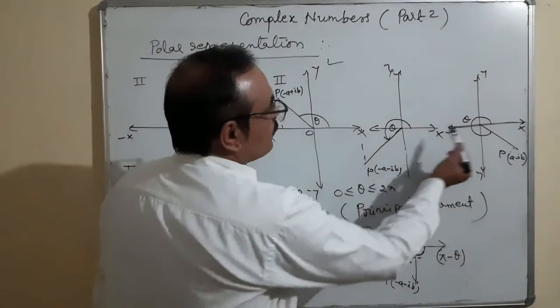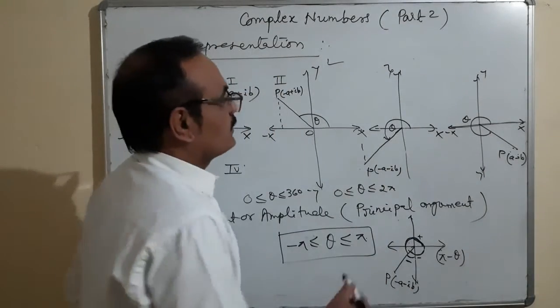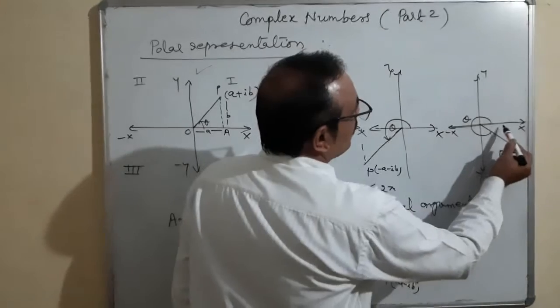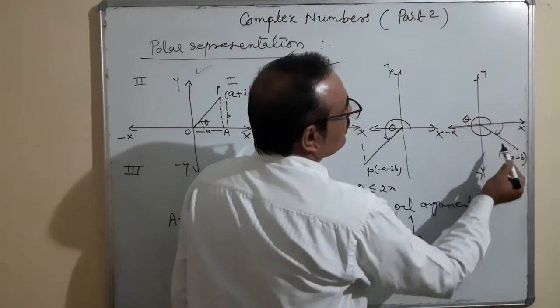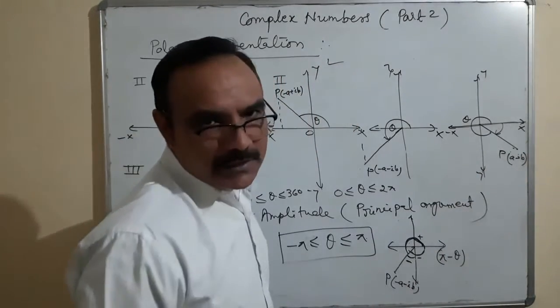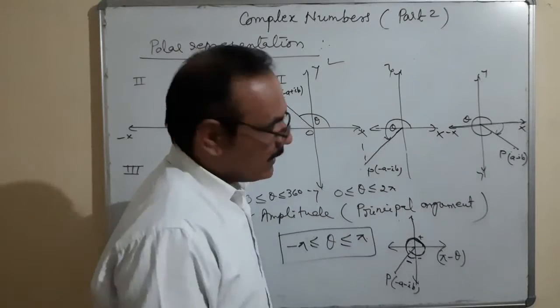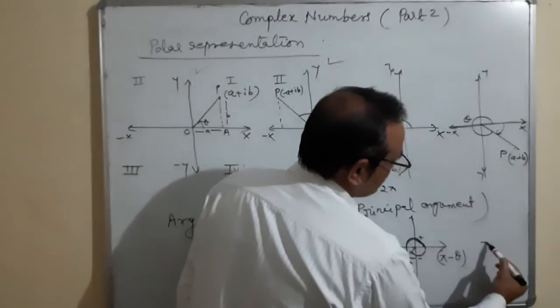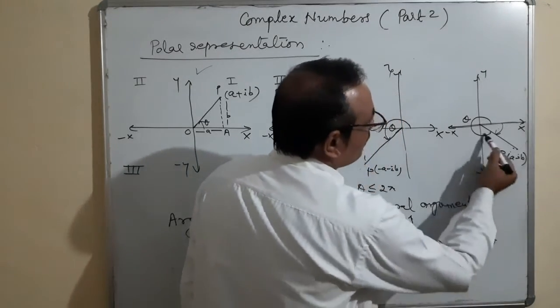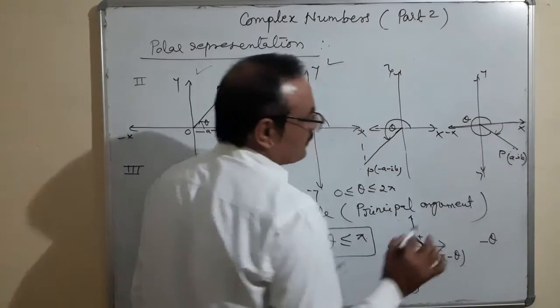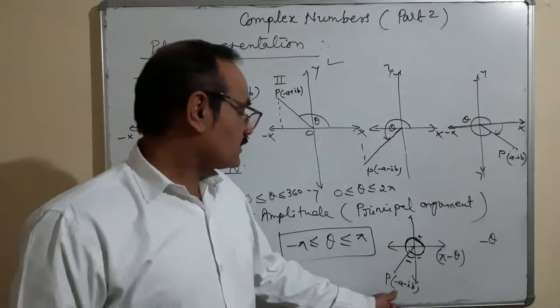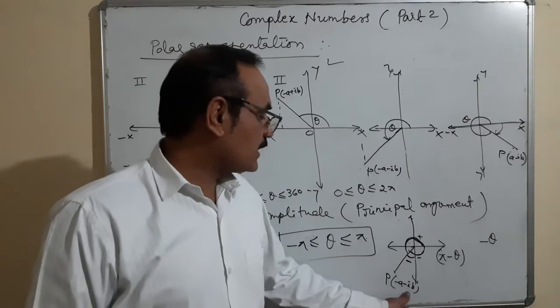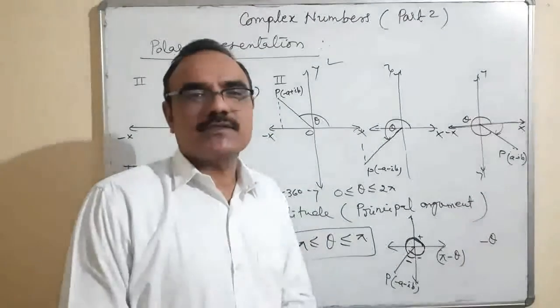Fourth one is this portion. Its value is suppose theta, but the measurement is in the negative. So the last one is minus theta. Okay. So a minus ib is in the form of minus theta. And in the third part, in the principal argument, minus a minus ib, pi minus theta.